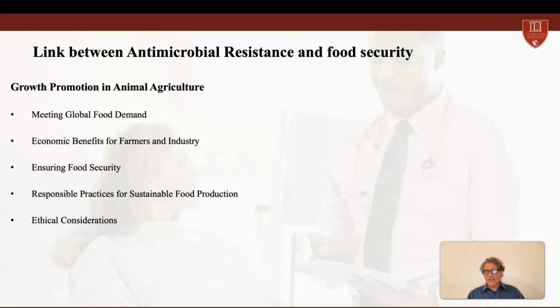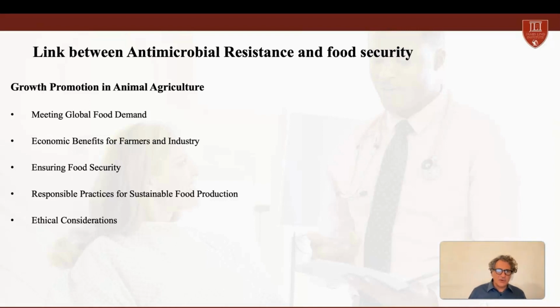The overuse in some way reduces the risk to farmers that their livestock will be killed by disease, but the other problem is correlated to the environment and to human health in terms of increasing resistance to these antimicrobials.